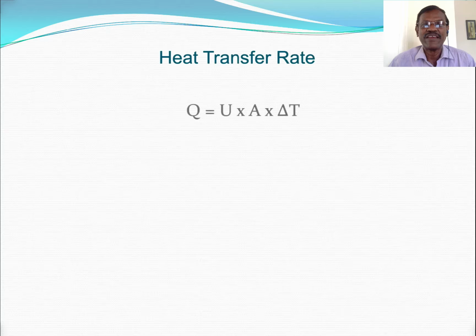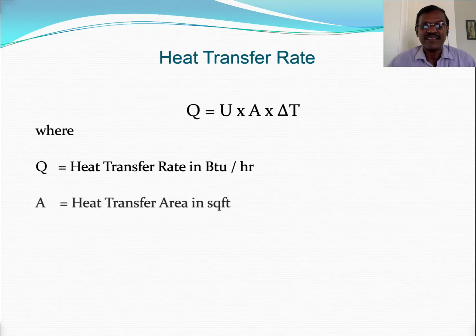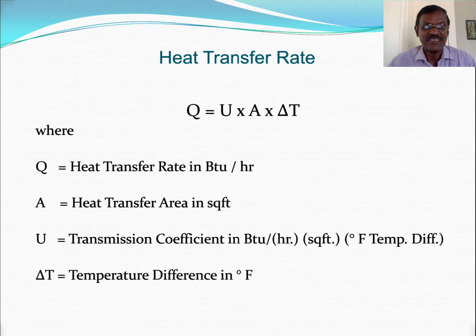We all know the heat transfer rate Q is equal to U into A into delta T, where Q is the heat transfer rate in BTU per hour, A is the heat transfer area in square feet, U is the transmission coefficient in BTU per hour square feet degree Fahrenheit temperature difference, and delta T is the temperature difference in degree Fahrenheit.